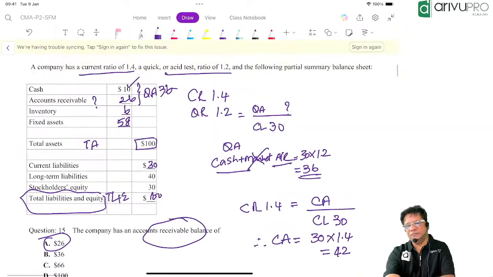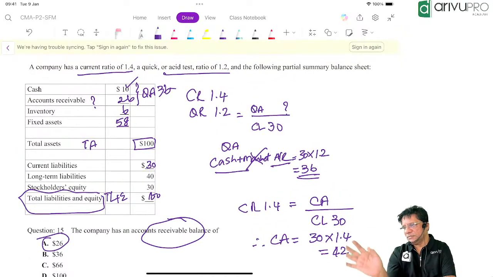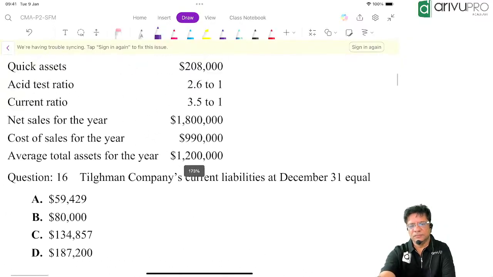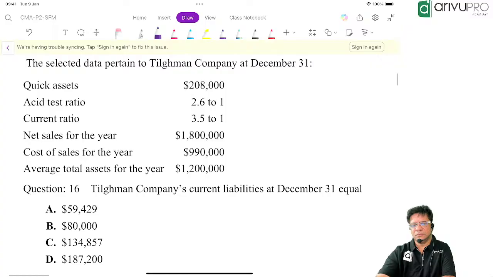These are the fill in the blank questions. Okay. Now, how much is the company's current liabilities?